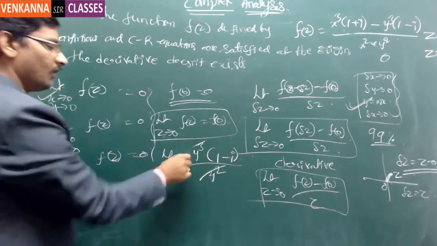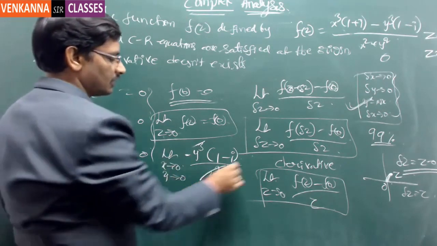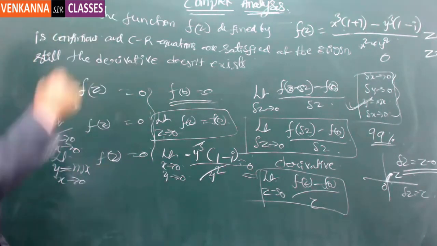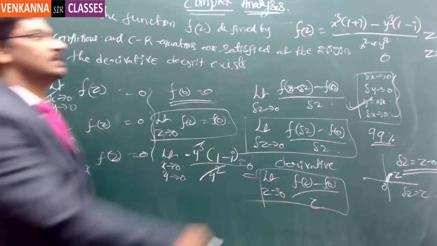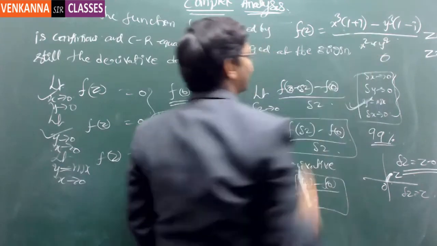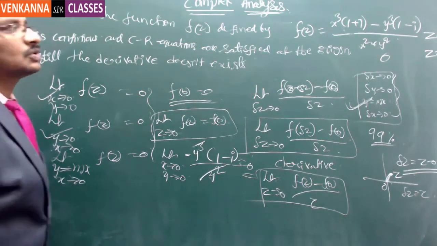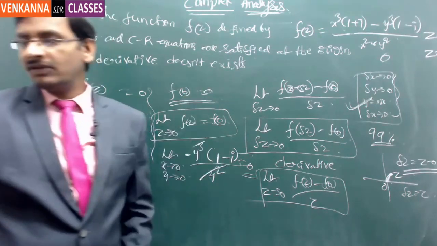Then y tending to 0, this function comes out to be 0. This is the first case. In the second case, you take y tends to 0 first. Then this will become x cube into 1 plus i divided by x square, that is x into 1 plus i. So the limit as x tends to 0 again leads to 0.